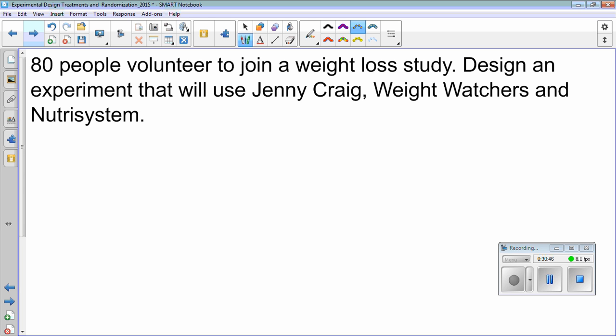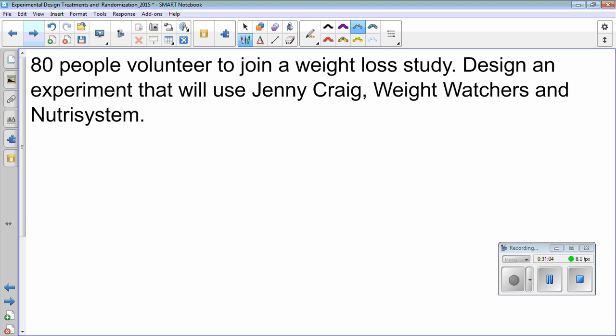And we're going to use Jenny Craig, Weight Watchers, and Nutrisystem. We're actually going to diagram it, draw it, and explain what we're going to do.